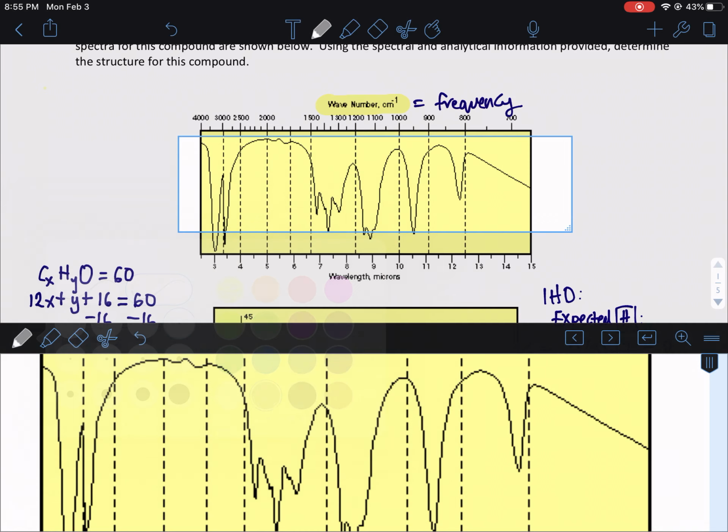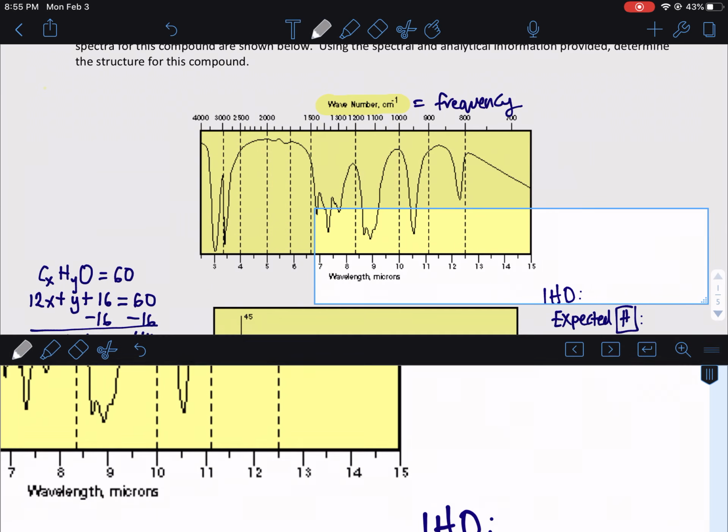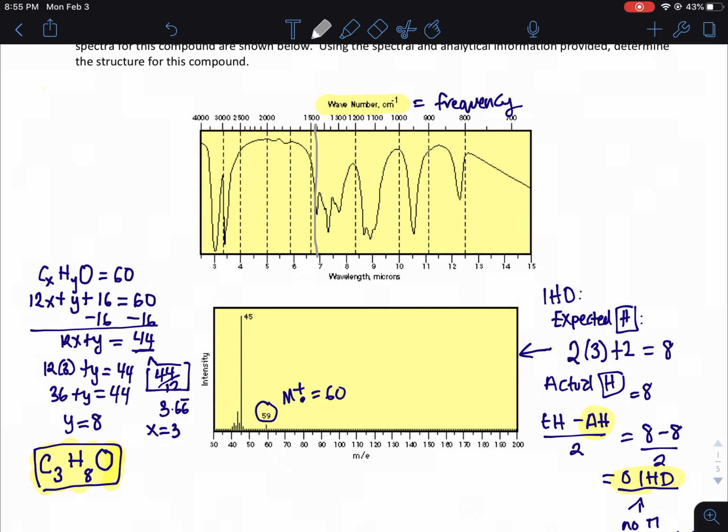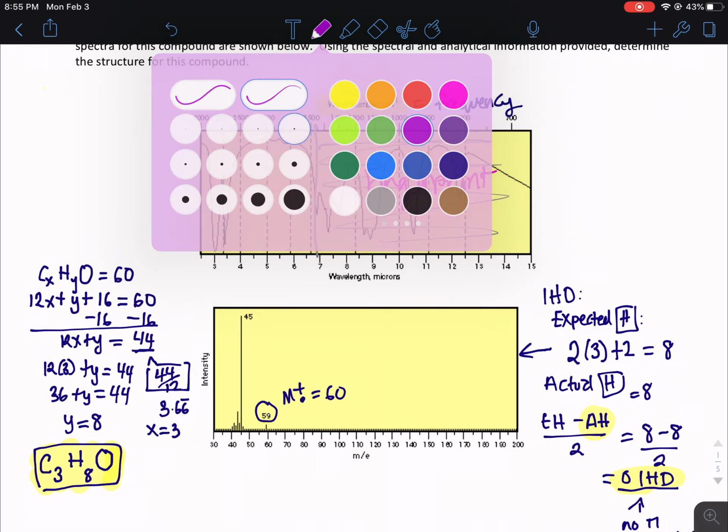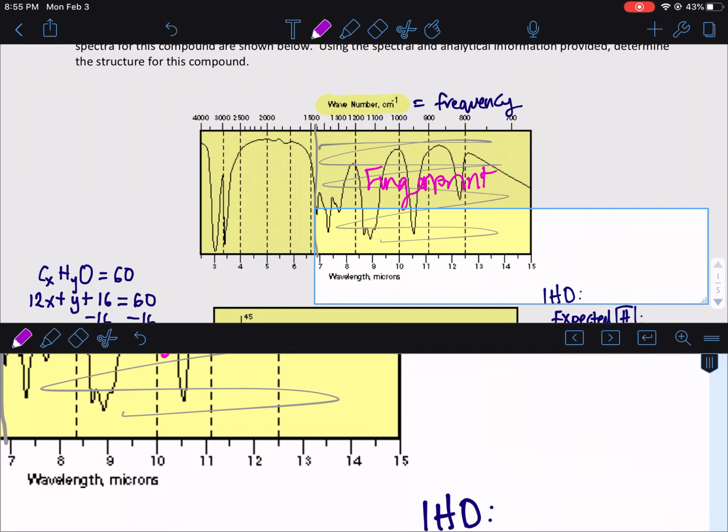So let me shade that region out and label it fingerprint. Anything above 1500 we do analyze.